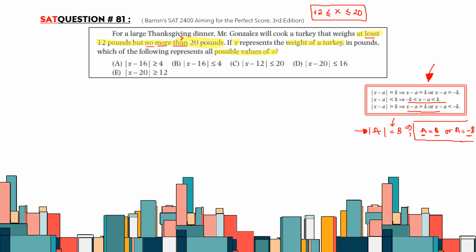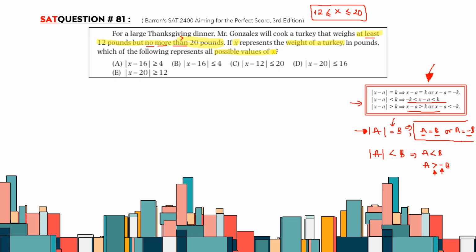For example, if |A| is less than B, I don't care about the formula here, but I will set up A less than B and A greater than negative B. You change the sign of B and also change the sign of the inequality.